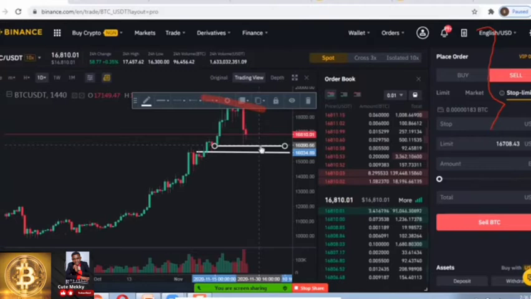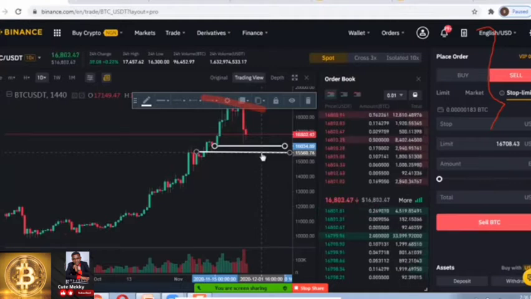Now, should price come down and hit this, you are saying at this price, which is 15,616, the exchange should sell for you, because at this price you believe if it crosses this point, Bitcoin is going to go down and it's going to be a loss for you. So you don't want to lose anymore.